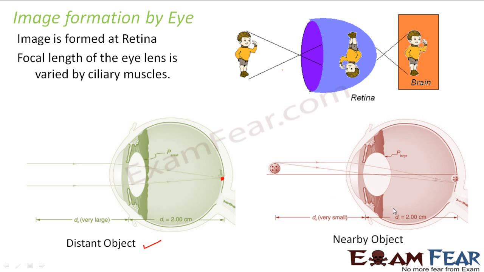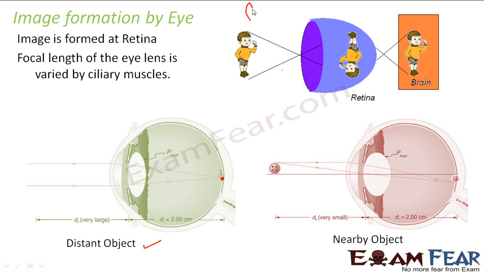Whereas in case of nearby objects, when we are looking at some nearby objects, the ciliary muscles contract. Now when these muscles contract, there will be a push from both the ends, because it is contracting. As a result, the lens will thicken. Now when the lens is thickening, what is happening? The focal length decreases. It is something like this.